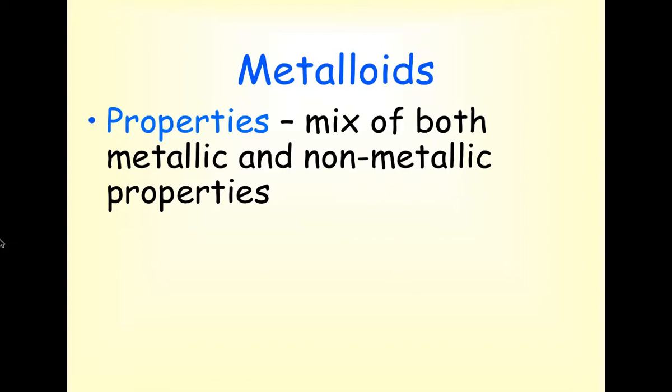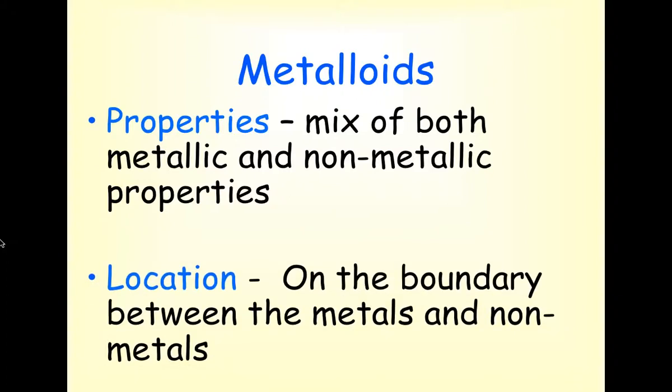In other words, for the metalloids, you can't say they're all good conductors, but they're all brittle. One could be brittle, one could be malleable. It just depends. So you will not be asked to predict the properties other than to know this general idea that they are a mixture of these properties. And like I said before, these are located right along the boundary, right along the staircase on the periodic table.